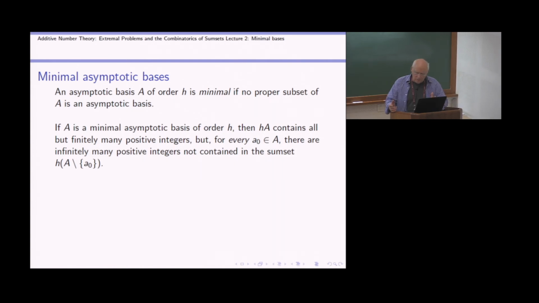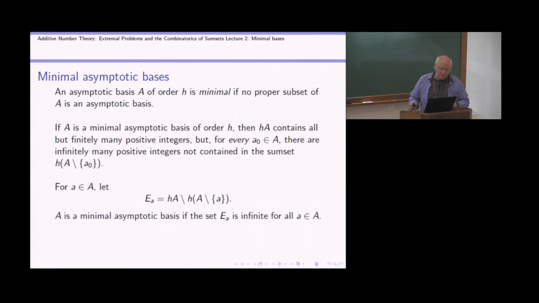So what does it mean to be minimal? It means if you throw away an element, it's no longer an asymptotic basis. That means every element, if you remove it, somehow destroys the representations of infinitely many numbers. So it's not so obvious that such a thing exists.